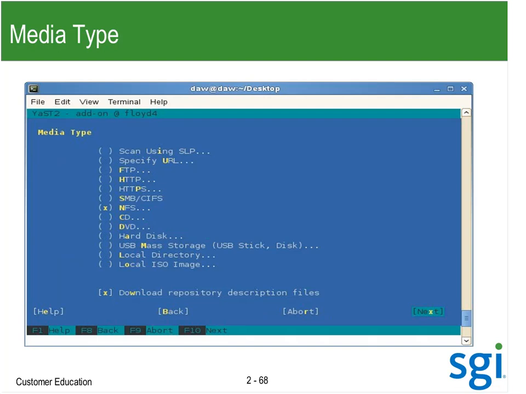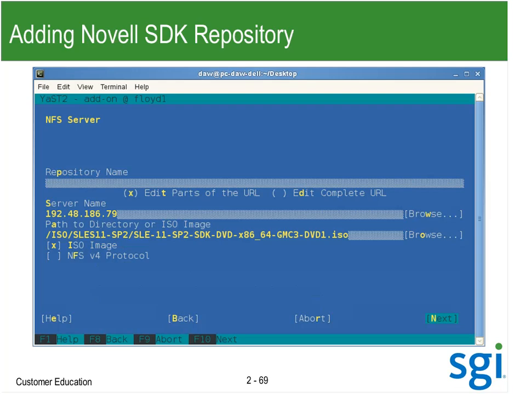And then we're going to down arrow to the NFS, then go to next. And then we're going to specify 192.168.186.79 as DMZ server, and then we're going to give a path to it. This one is the SDK. Note it's an ISO, and I have ISO image clicked here as well. Got to warn you, the actual MR release of SLES was a GMC3. Don't let that bother you.